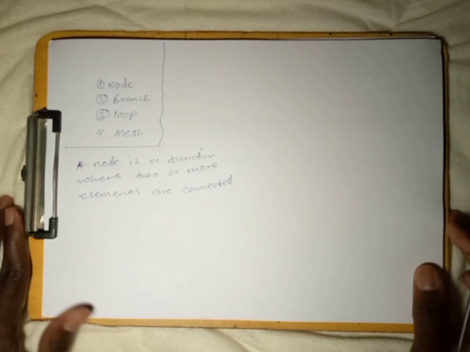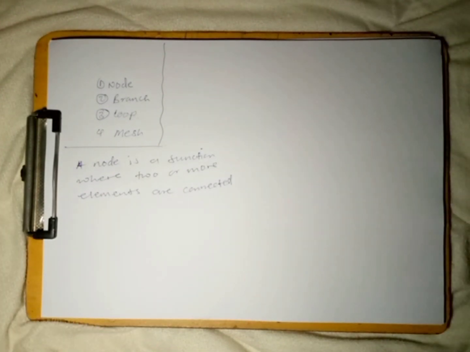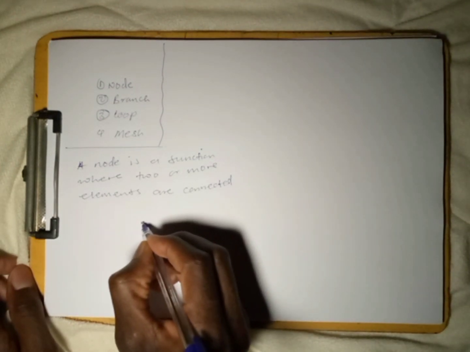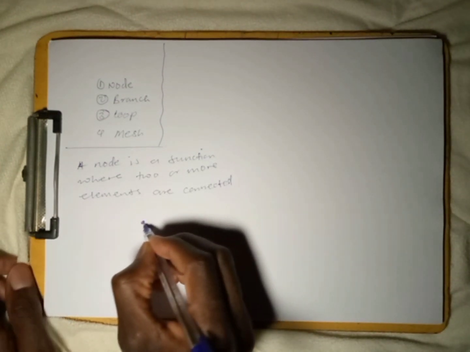So what's the meaning of this? If we say a node is just the junction where two or more elements are connected, this simply means, if we talk of an element, we mean any resistor which is connected to a certain wire, and if those same wires are meeting at a certain junction, we call that point a node. I'll give a single example.